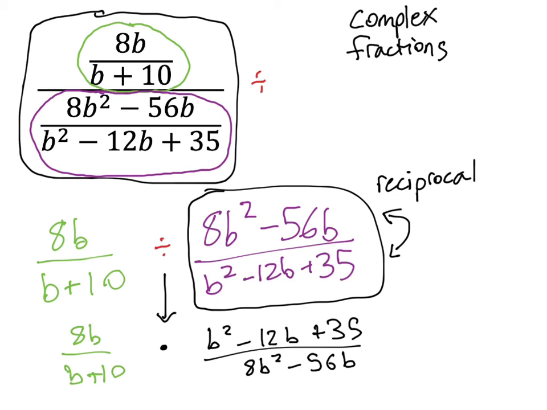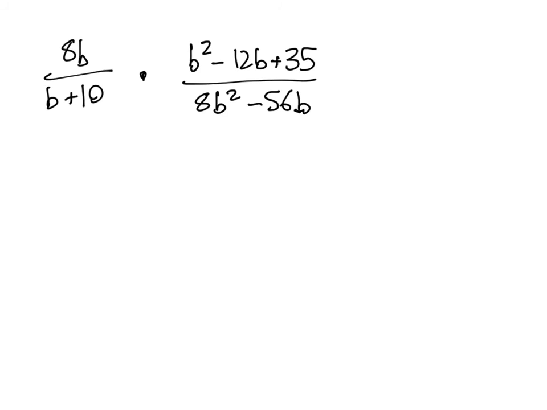So let's give ourselves a little bit more space to work on the next screen here. We've just inverted our rational expressions, so now we are ready to multiply. When we multiply fractions together, we know that we want to multiply the numerator times the numerator and the denominator times the denominator.